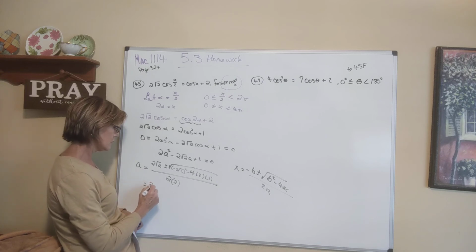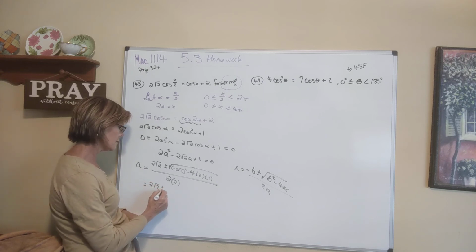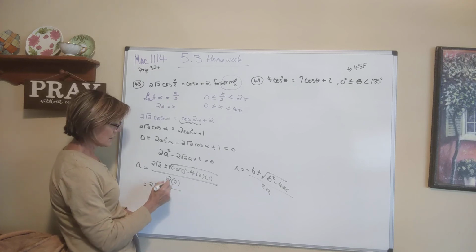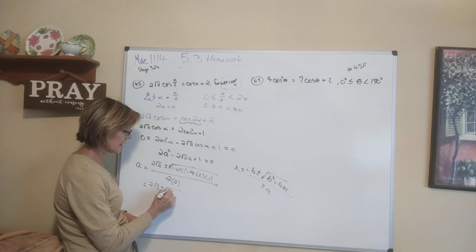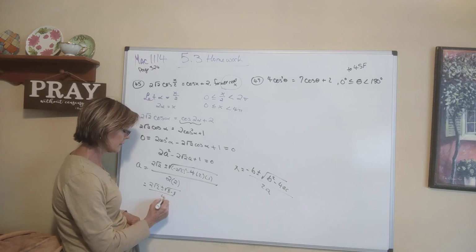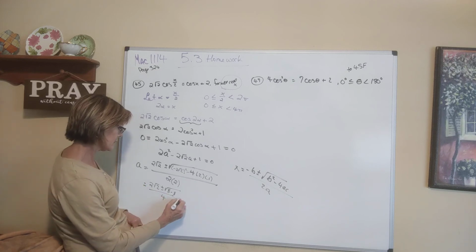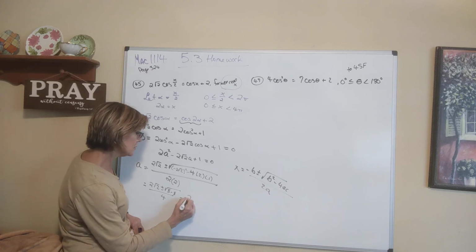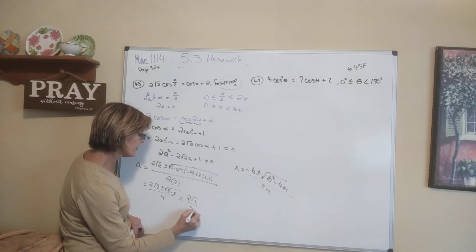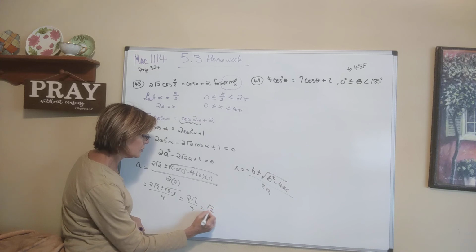All right, let's see what's going to happen here. This is 2 root 2 plus or minus the square root of 8 minus 8, over 4. I realize that this probably would factor, but 8 minus 8 is 0, so I get 2 square root of 2 over 4, or the square root of 2 over 2.